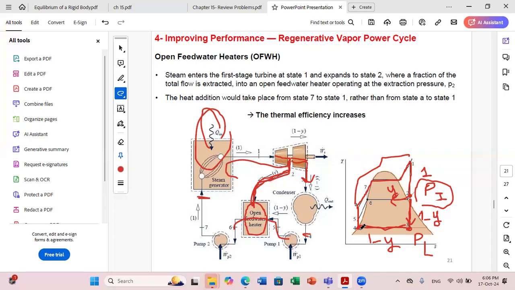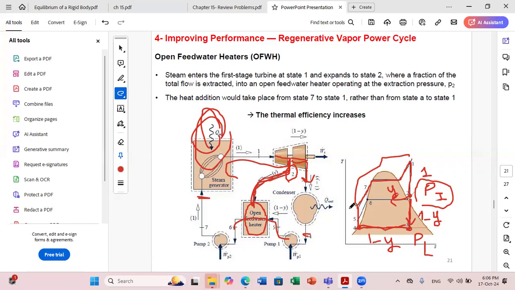But now, I want to profit from the high temperature of fluid at state 2 in order to heat my fluid before entering the boiler. Because when I heat it before entering the boiler, this will reduce the heat input of my cycle. So I expect that this will enhance the efficiency because I'm reducing Q dot in, okay?